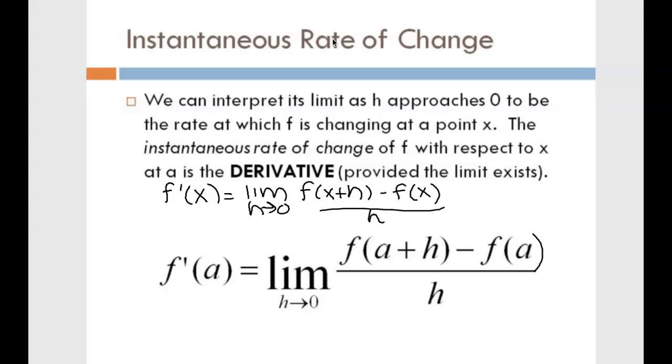So we don't have to use this long definition anymore, but the ideas and the concept behind it have not changed. The instantaneous rate of change is still the limit as h approaches 0 of the average rate of change. So all we're doing as we find velocity is looking at the slopes of the linear function getting closer and closer to 0.